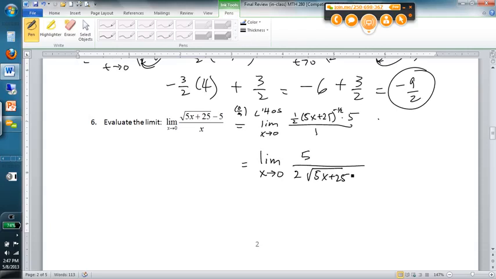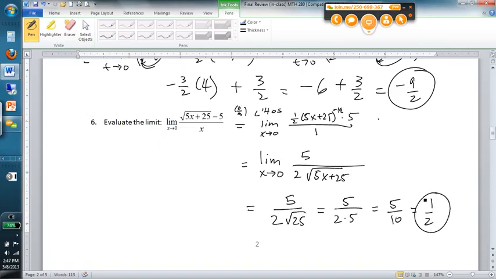I think I can do that limit. As x goes to 0, I can plug that in, can't I? X is 0, so that would go to 5 over 2 square root of 25, which is 5. 2 times 5, which is 5 over 10, or 1/2.